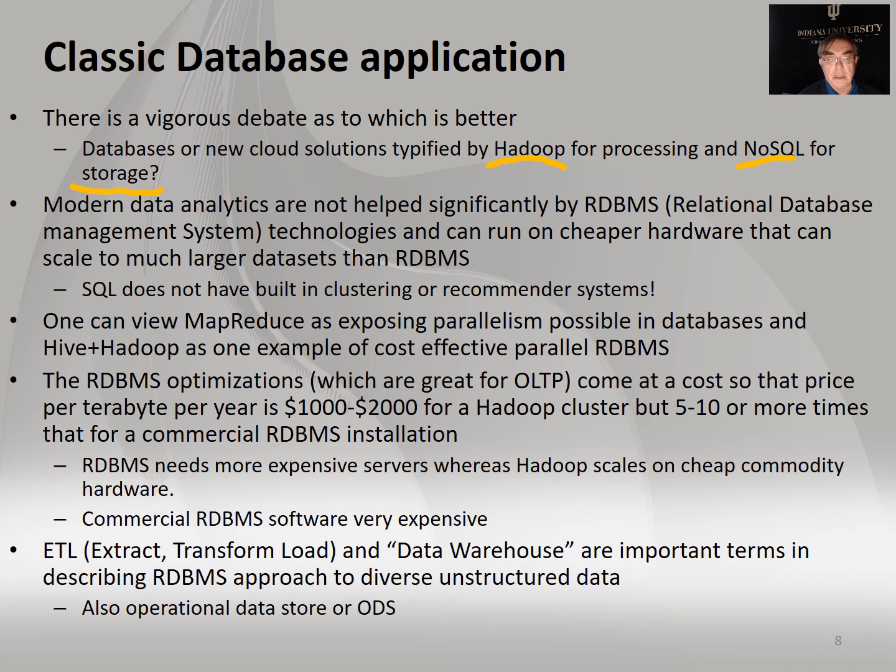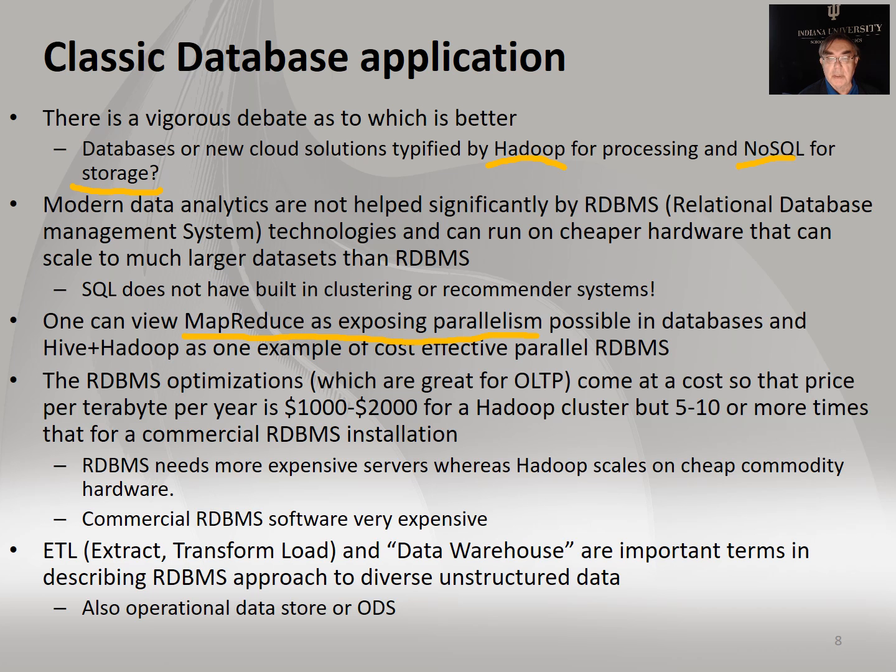In some sense, I think this argument is now sort of over. Both sides are right. Traditional databases are wonderful, and Hadoop and NoSQL are wonderful. They have different optimizations.